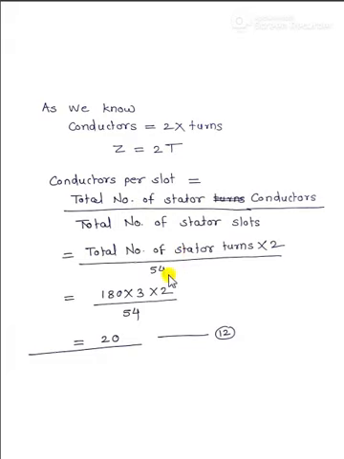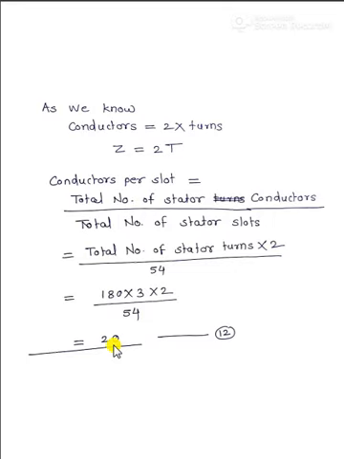The stator turns are 180, and the factor 2 is because of the conductor turn relation. This 180 is per phase, so we multiply by 3, and divide by the total number of stator slots, 54, previously calculated. This ratio gives us 20 conductors per slot.